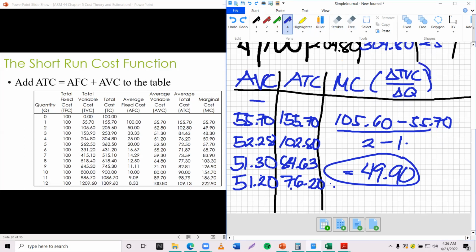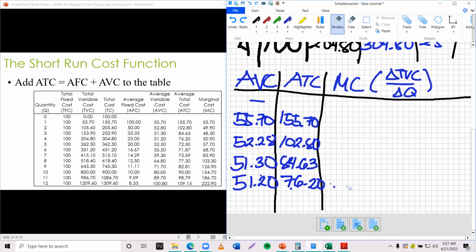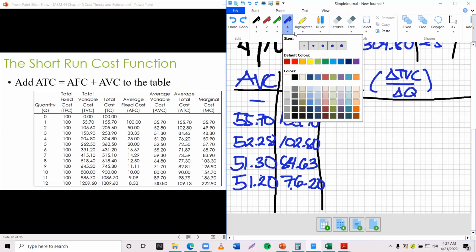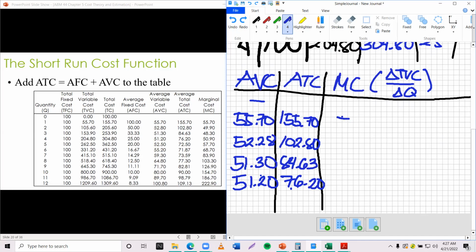For marginal cost, you can use whichever formula is better. For change, we are going to use this formula: present less the past. That is an example for our marginal cost. For number 1, it is 55.70, given, since we have no value for its past. Next would be 49.90.